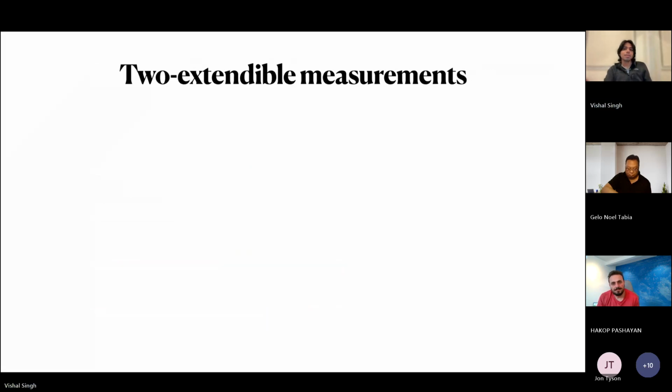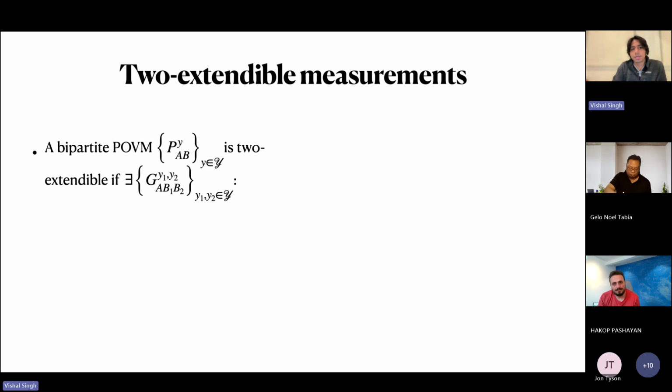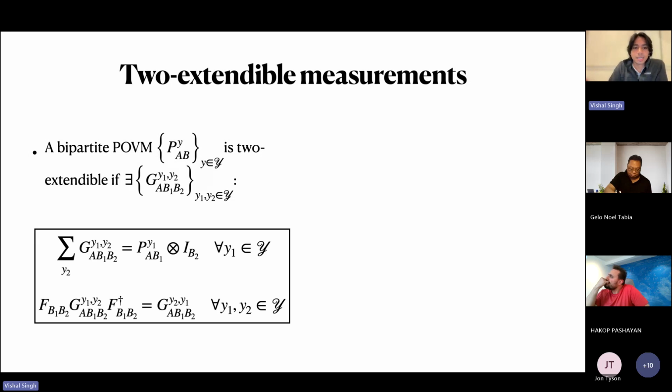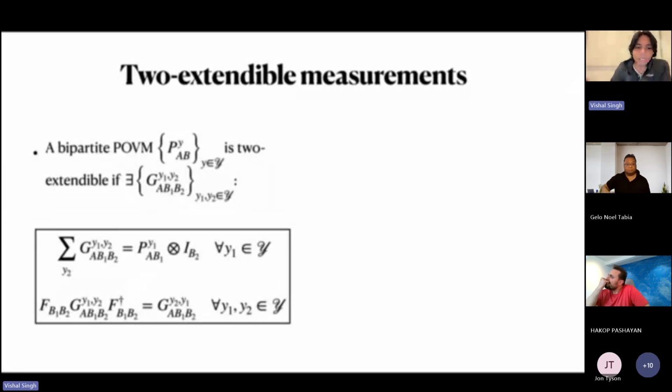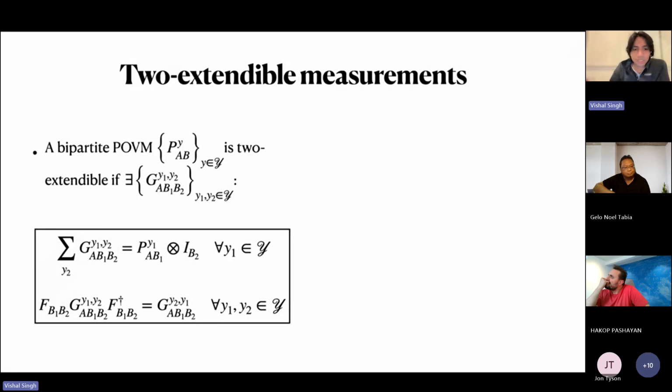Okay, so to put things simply first, let's just talk about two-extendable measurements. Let's say P is a bipartite POVM. Then we say that P is two-extendable if there exists a tripartite POVM, which gives out two classical outcomes, such that first of all, if we discard one of the outcomes, we retrieve the original POVM. And secondly, if we swap the inputs, it's equivalent to swapping the outputs.